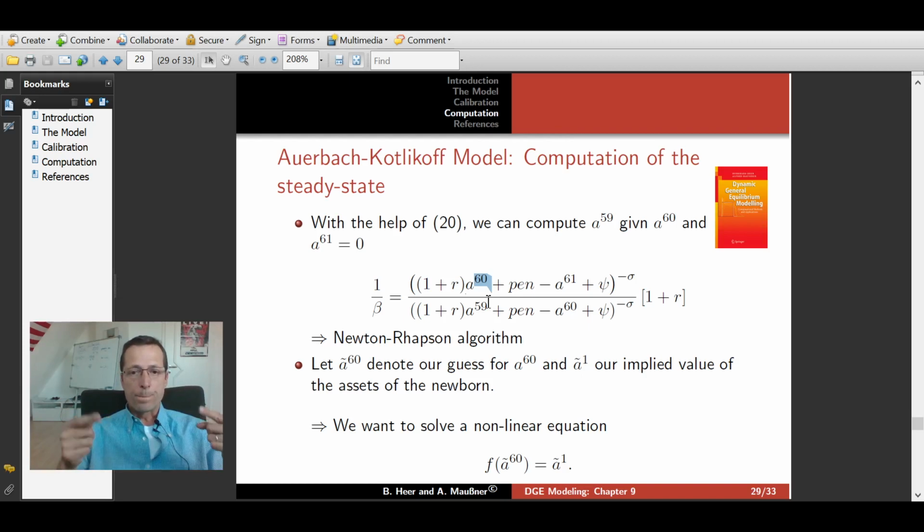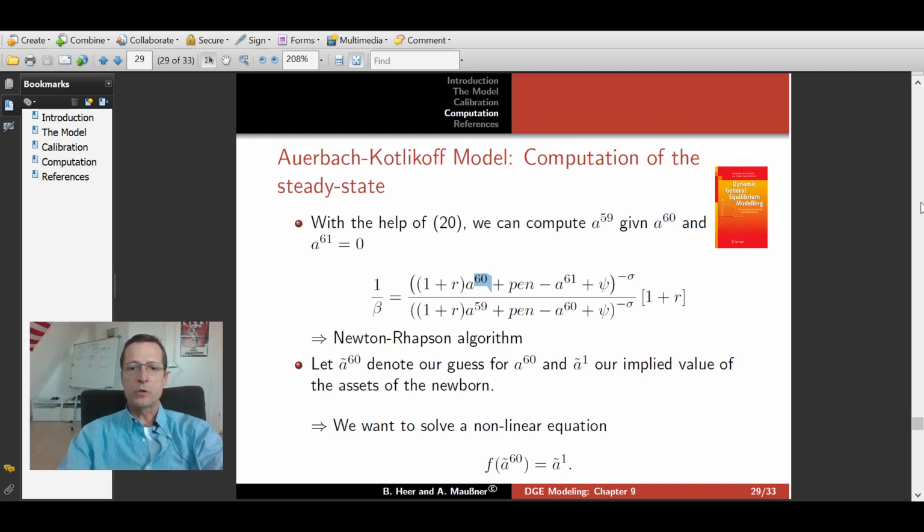If we go back in time from age 59 to 58, we again have an Euler equation in the individual wealth levels A58, A59, and A60. We know A60, which was our initial guess. We know A59 from the previous computation. Now we can compute A58. And we continue like this to compute backwards in time until we have computed the level A1, the beginning of period wealth A1.